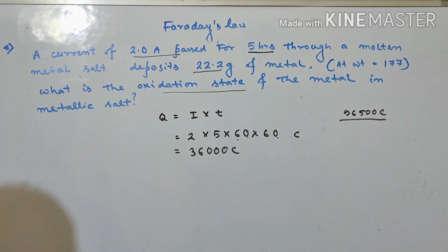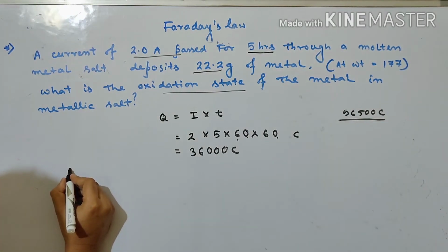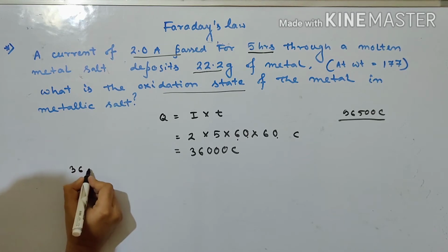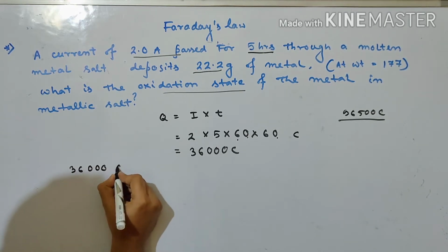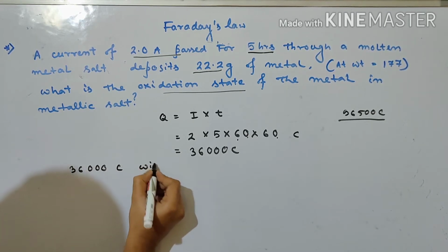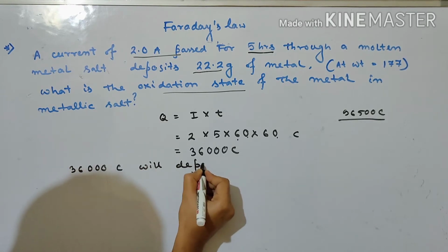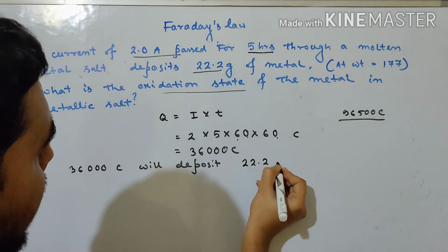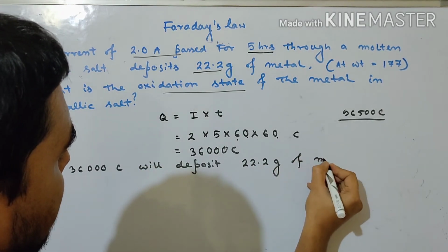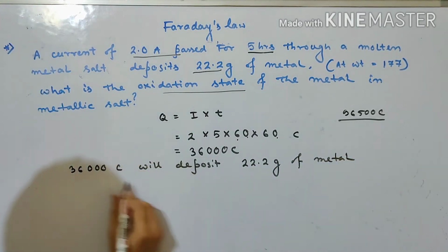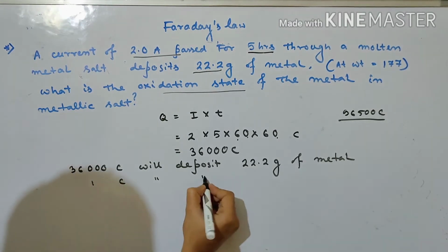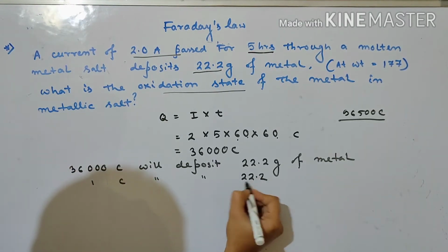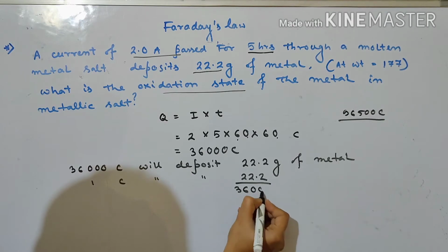So what we can write is, 36,000 coulomb will deposit how much? 22.2 gram of metal. 1 coulomb will deposit how much? 22.2 divided by 36,000 gram.